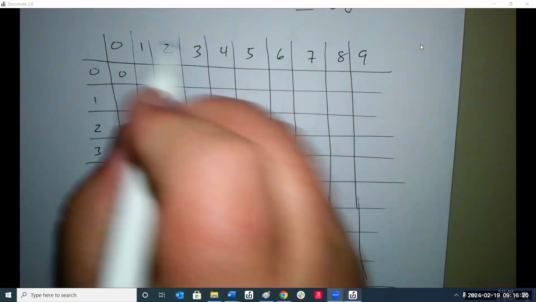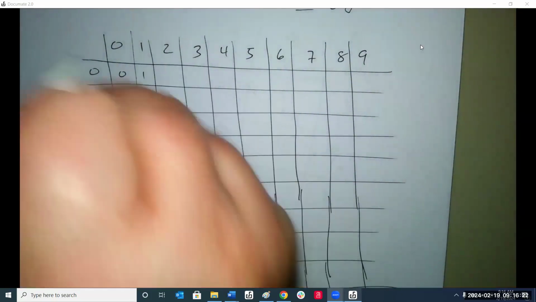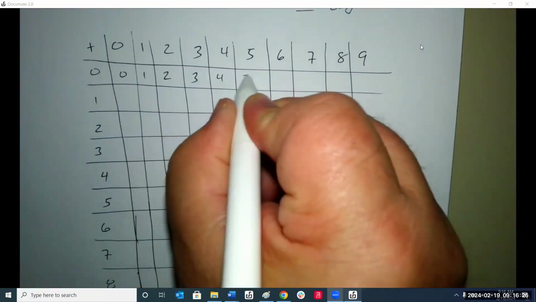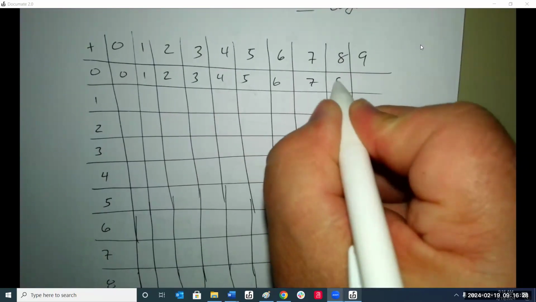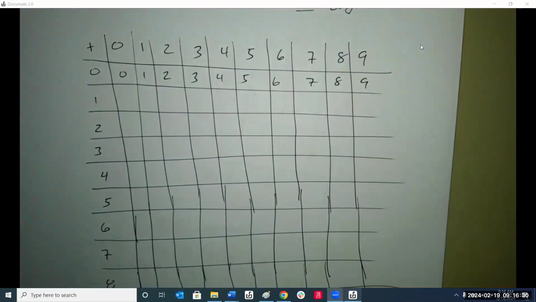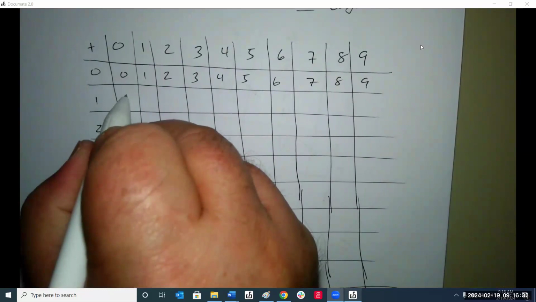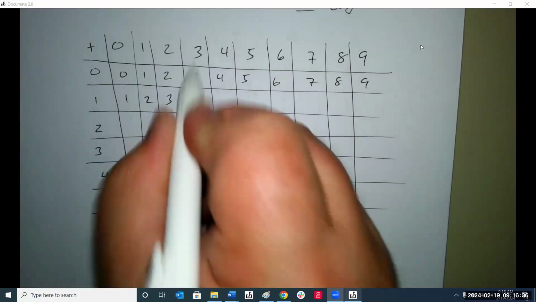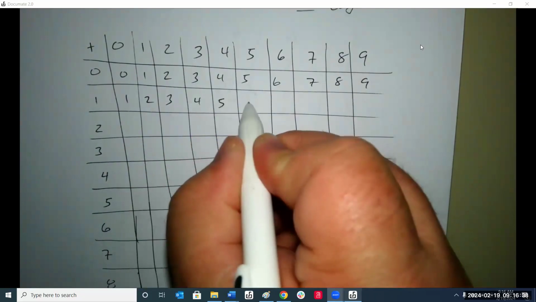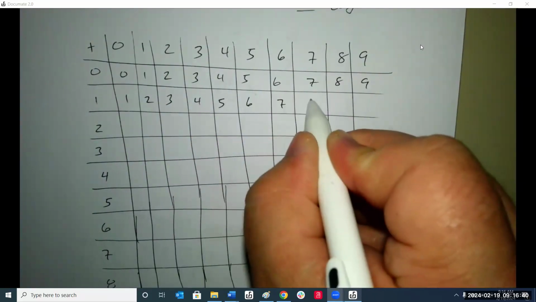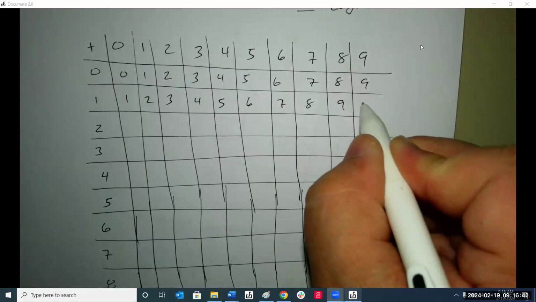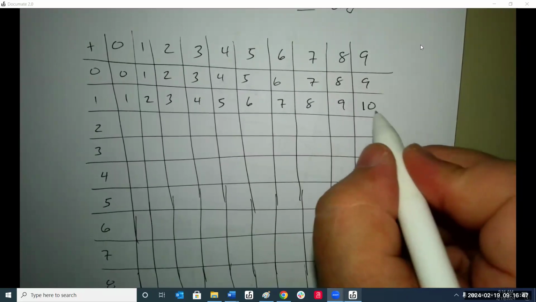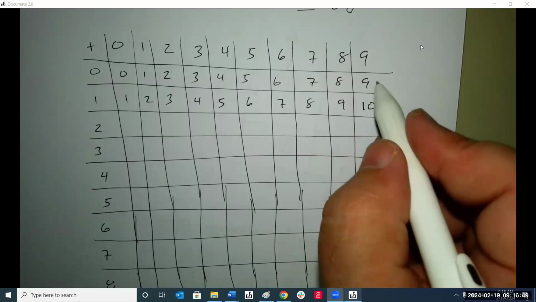So 0, 0, 0, 0 plus 1, this is addition. 2, 3, 4, 5, 6, 7, 8, 9. 1 plus 0 is 1. 1 plus 1 is 2. 1 plus 2 is 3, 4, 5, 6, 7, 8, 9. Now, this is where it gets interesting because remember, we can't have a number bigger than 9.